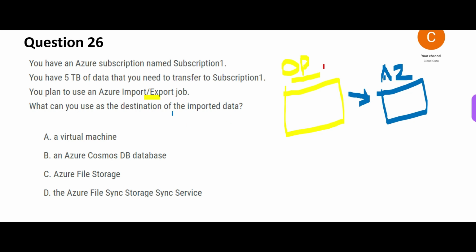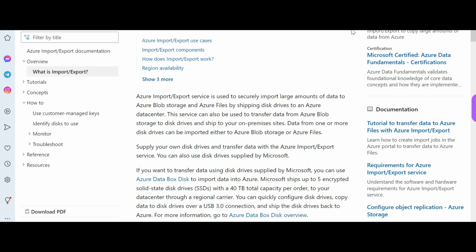So the hero of this question is the import export job. They are asking, boss, I have 5 terabytes of data to move from this place to this place. Now, where in Azure should I put it? We are in the documentation section. It already says we move it to blob storage or to Azure Files.